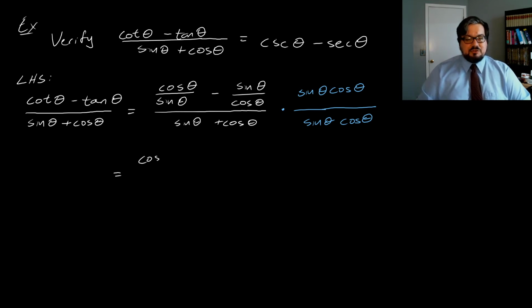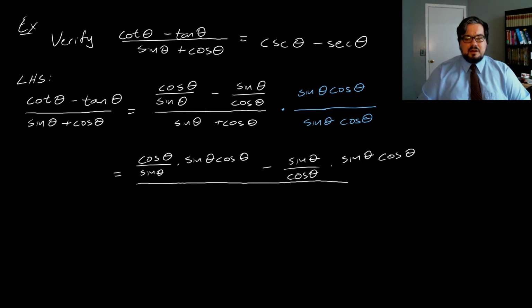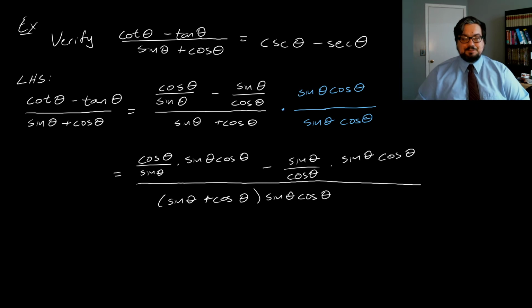So we need to distribute. So we get cosine theta over sine theta times sine theta cosine theta minus sine theta over cosine theta times sine theta cosine theta all over sine theta plus cosine theta times sine theta cosine theta.